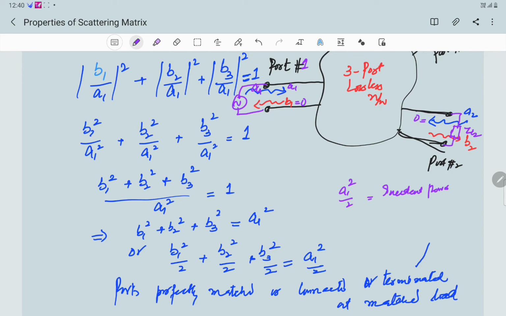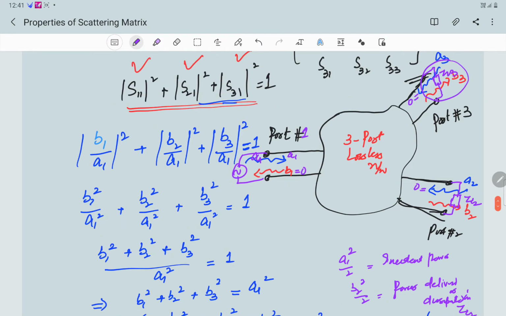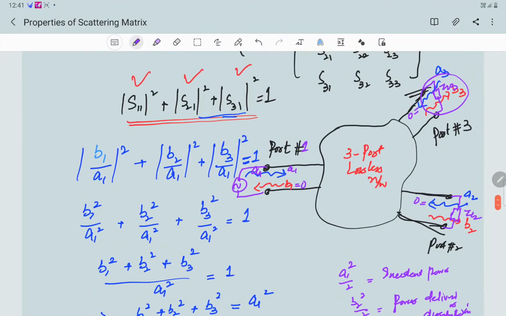Here B2 square by 2 would be the power delivered or dissipated in load ZL2. Likewise, if I look at port 3, A3 is 0 but B3 goes into it.